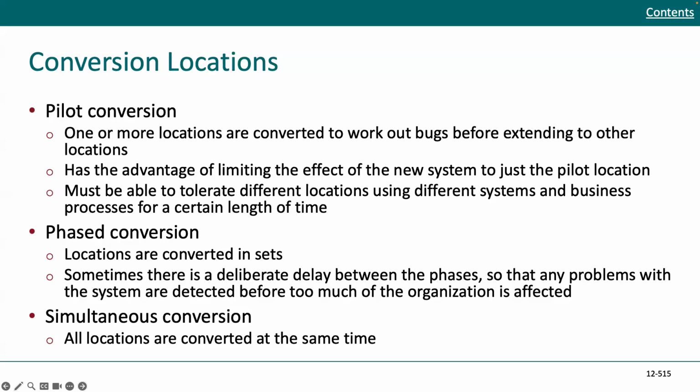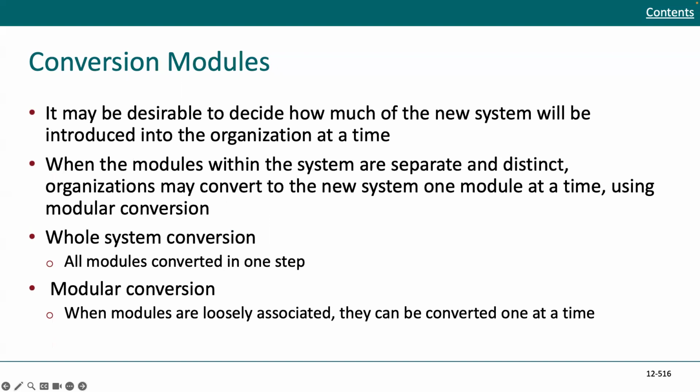You can have a phase conversion where locations are converted in sets. Sometimes there is a deliberate delay between the phases so that any problems with the systems are detected before too much of the organization is affected. And you can also have a simultaneous conversion where all locations are converted at the same time.